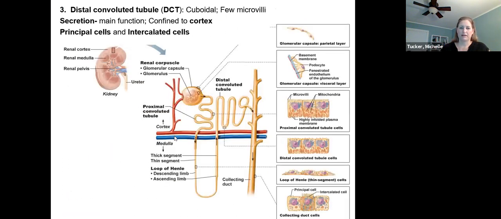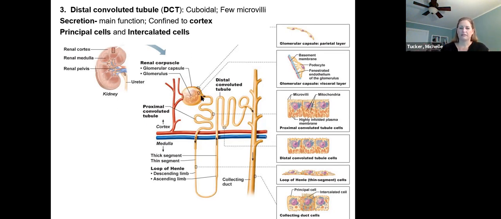So we have the arcuate artery, cortical radiate artery, afferent arteriole leading to the glomerulus, efferent arteriole, which most of these will then lead back to the peritubular capillaries. The glomerular capsule has the parietal layer here on this outside, kind of the catcher's mitt, as well as a visceral layer, which attaches to the glomerular capillaries to help with filtration rate.